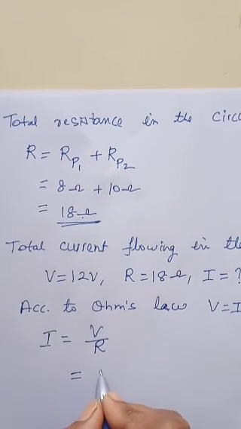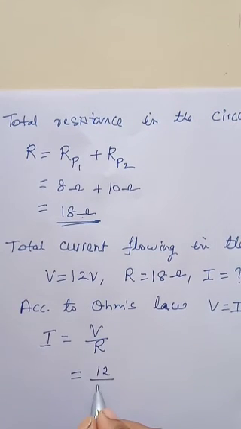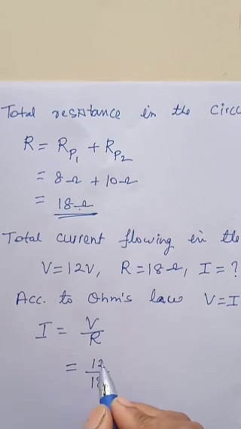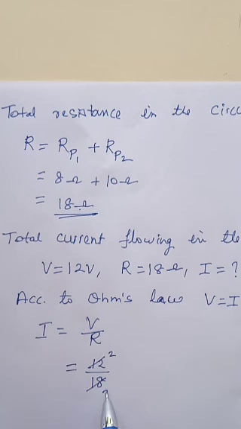Substitute the values. V is 12 volt divided by R is resistance, 18 ohm. Simplify. 6 2s are 12, 6 3s are 18. I is equal to 2 by 3.